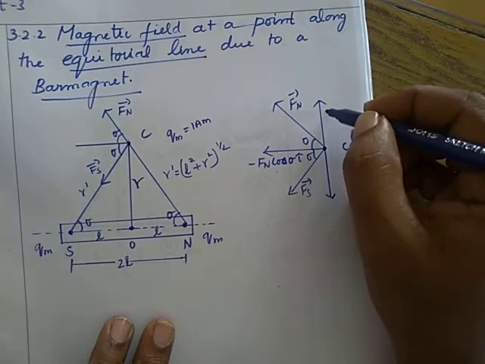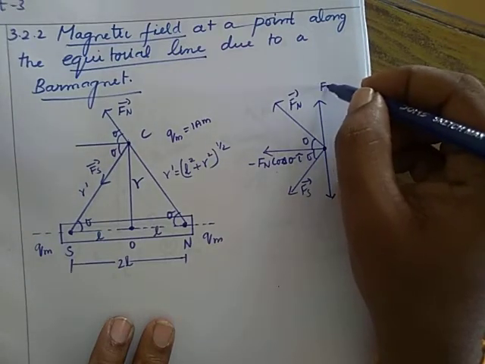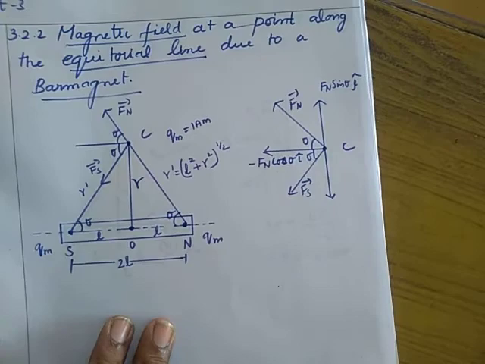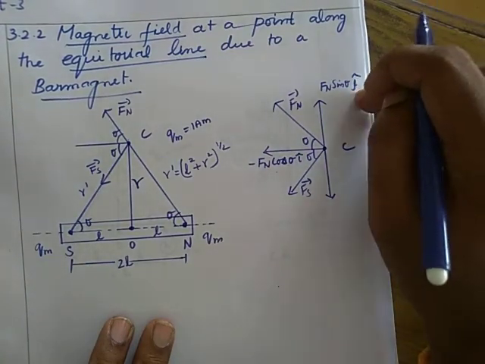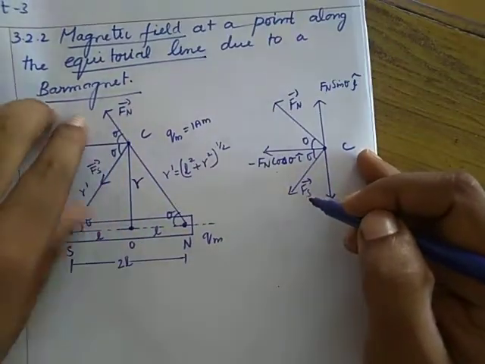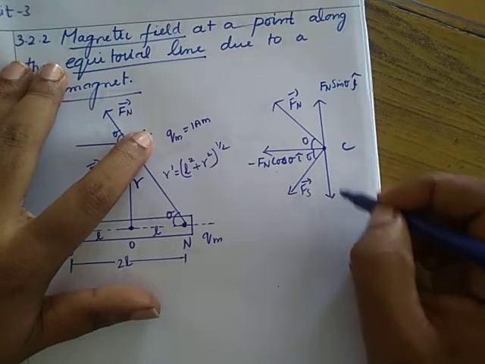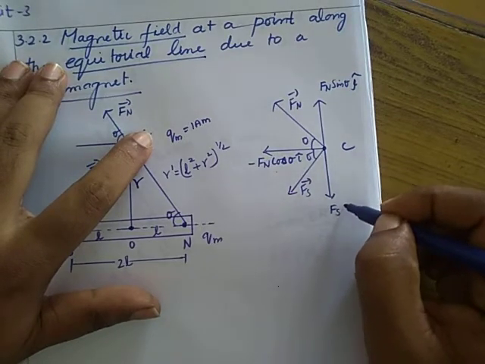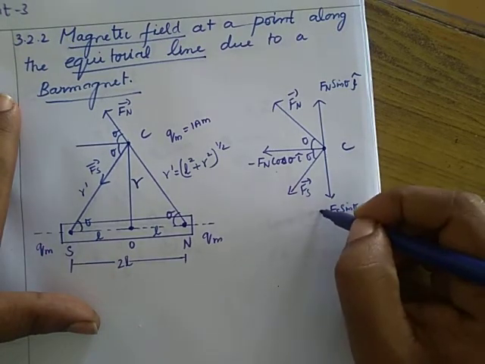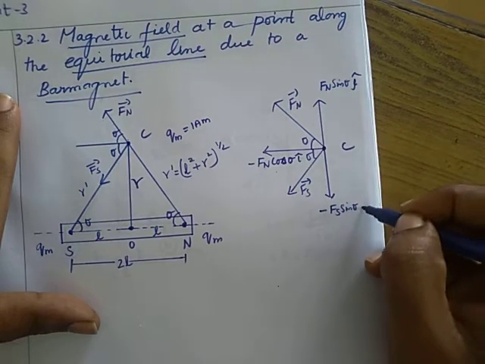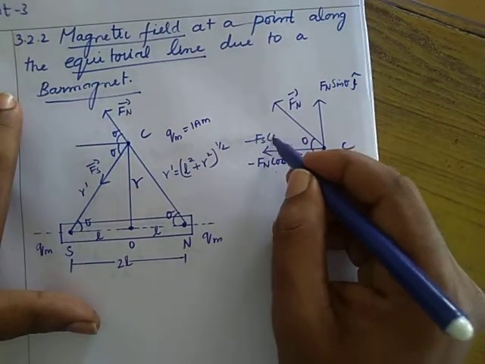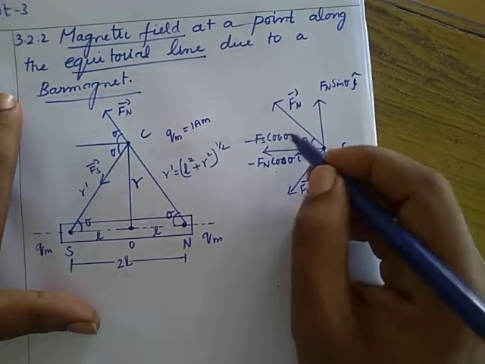Then we get the vertical component as Fn sin theta j cap, because it is on the positive y-axis. Then for Fs, which is also in the xy plane, we can write Fs sin theta, but it is on the negative y-axis, so minus j cap. Then it splits as minus Fs cos theta i cap.